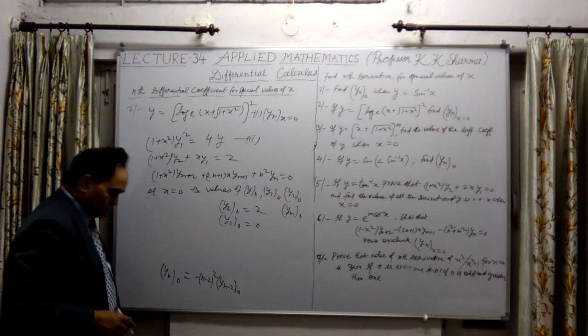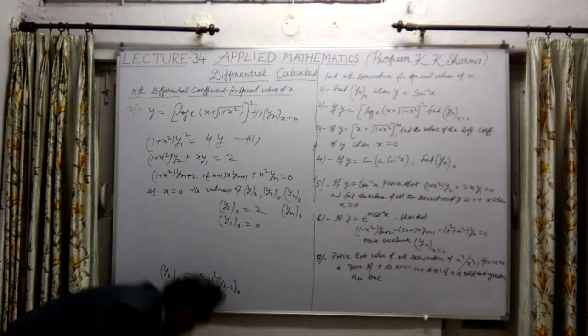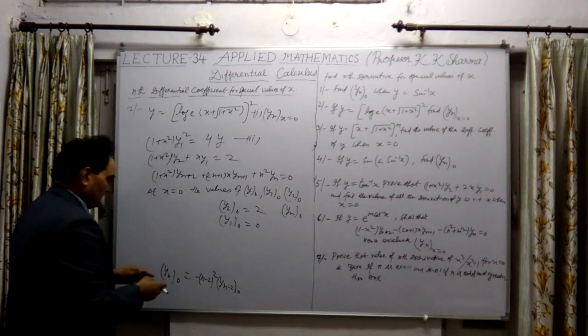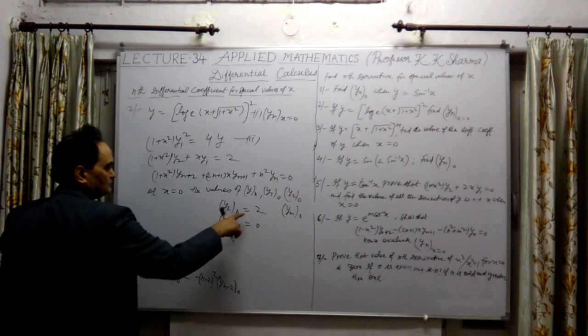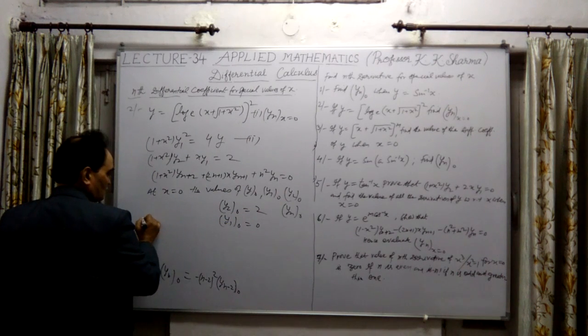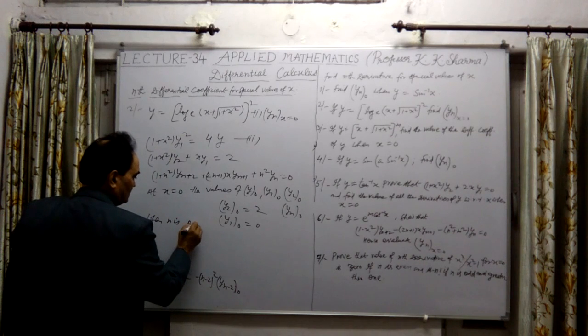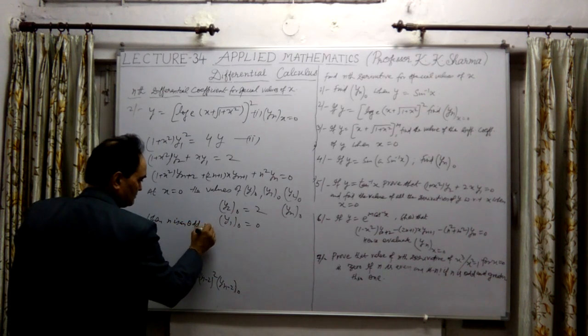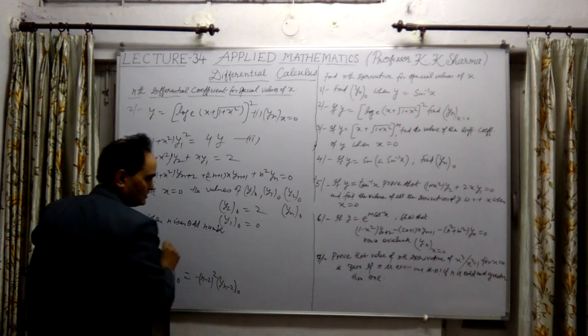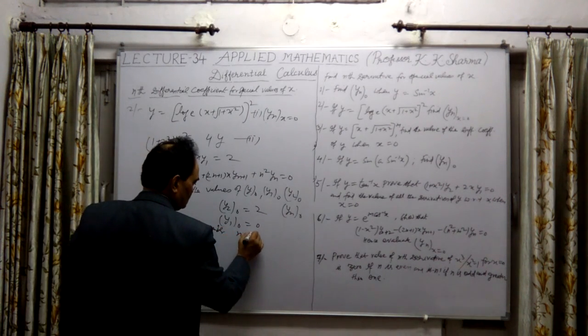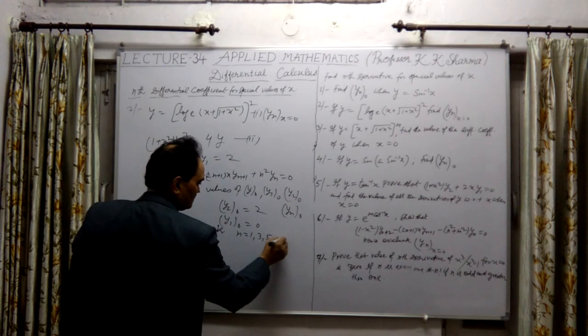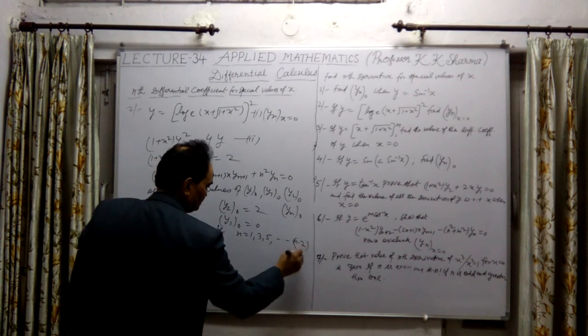When n is an odd number, like n equal to 1, 3, 5, etc., up to n minus 2.